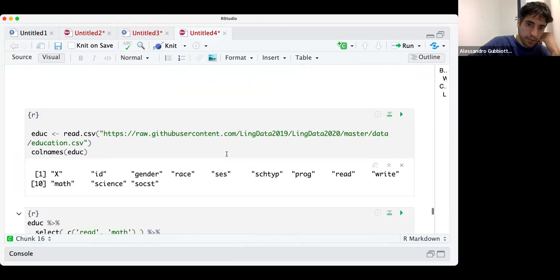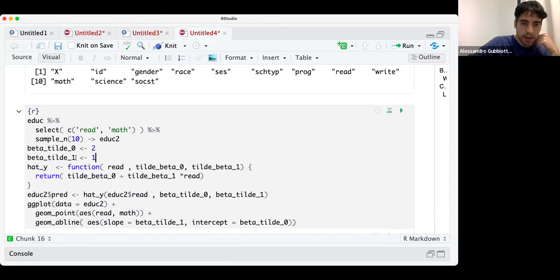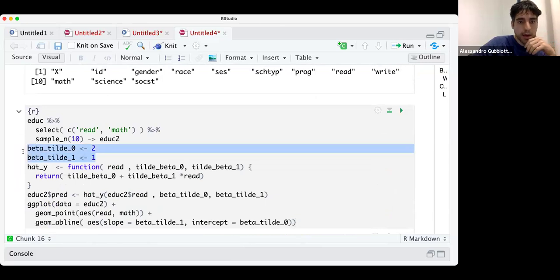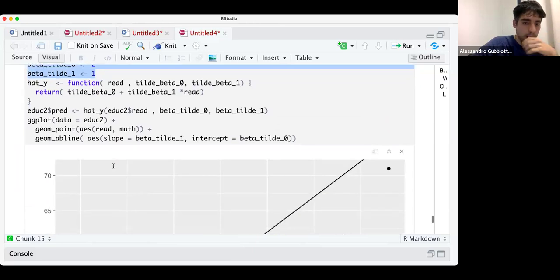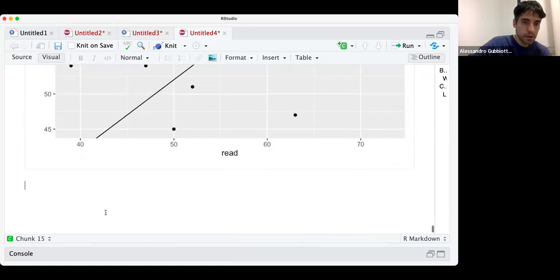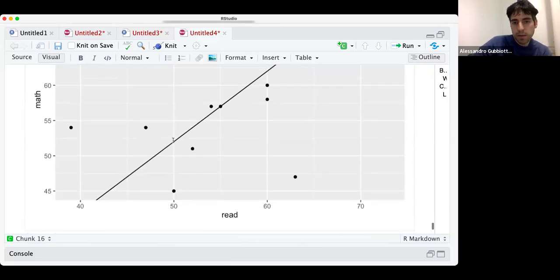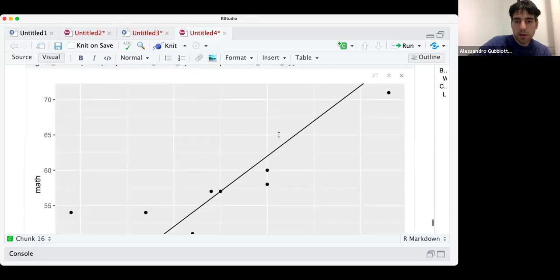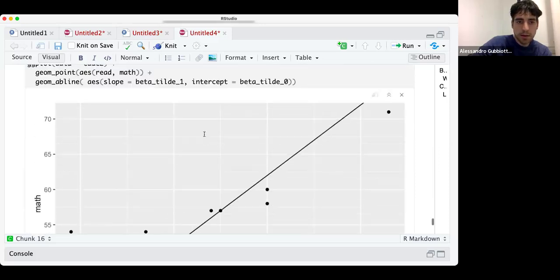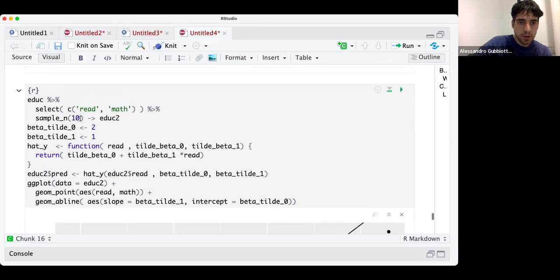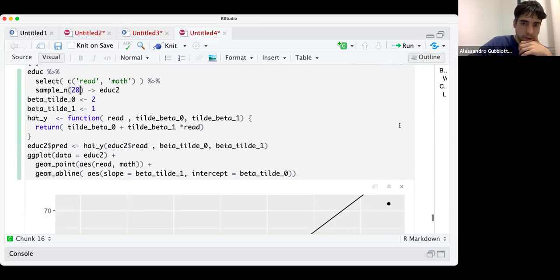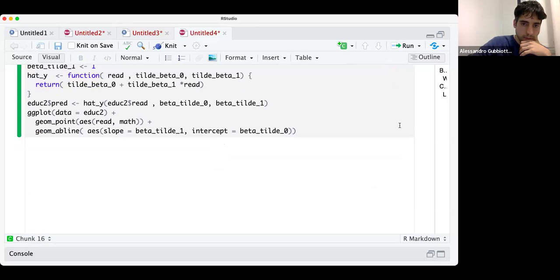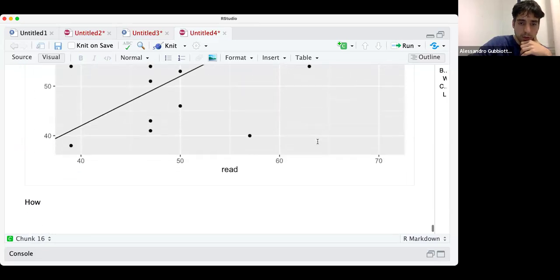So these were placed by me. Now, how to choose the best ones? This is the point. These are pretty good actually, because it looks as if they are good enough. So let's take a bigger sample, let's say 20. Still good, okay.